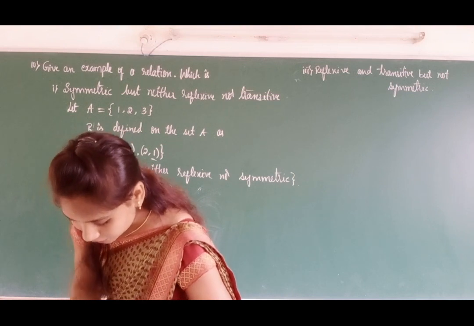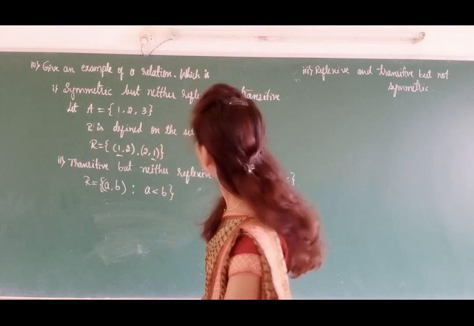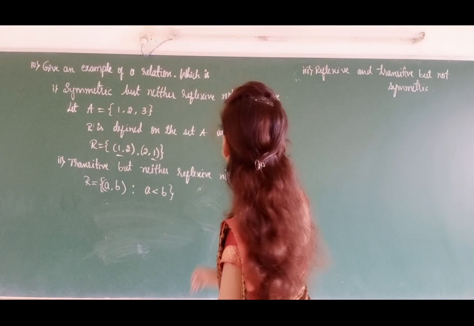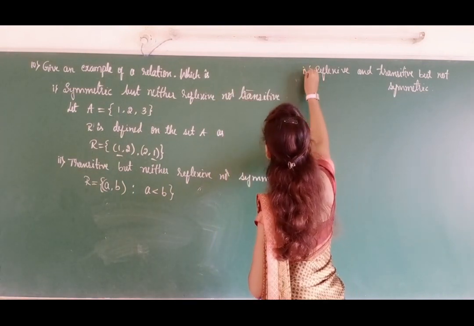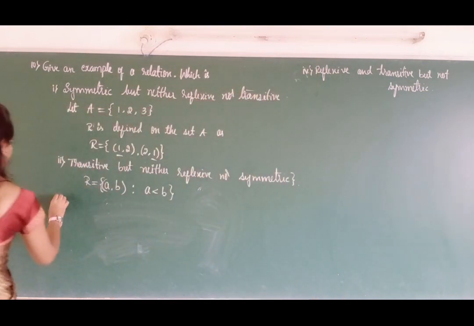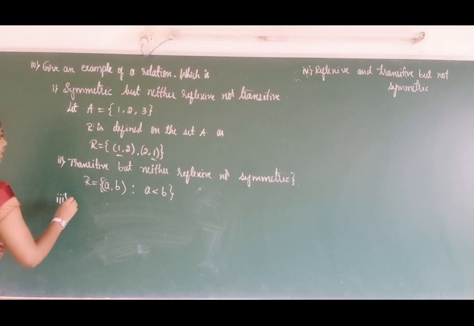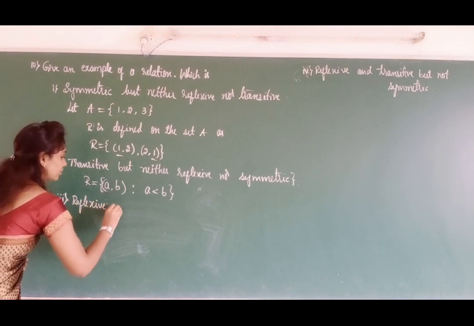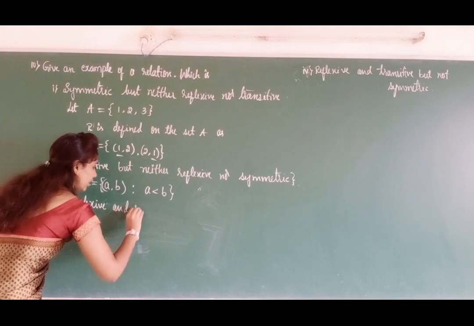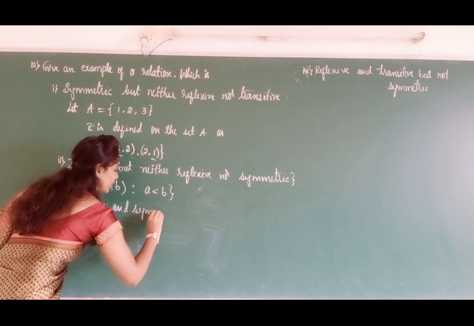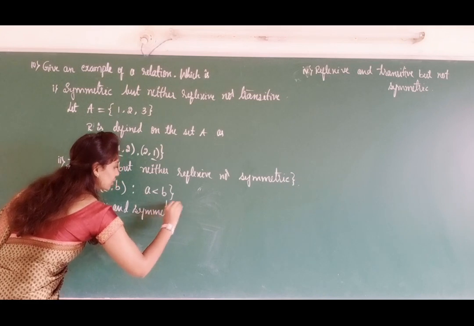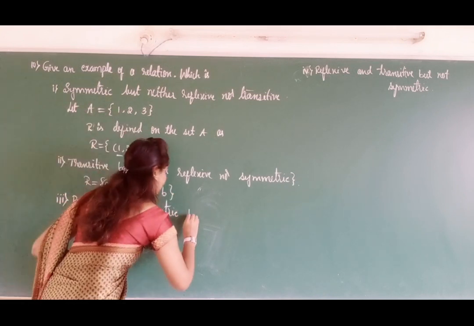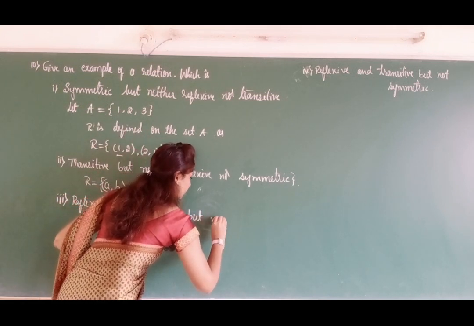Sorry. Third one, reflexive, symmetric. This is the fourth one. Sorry. And the third one, give an example for reflexive and symmetric, but not transitive.